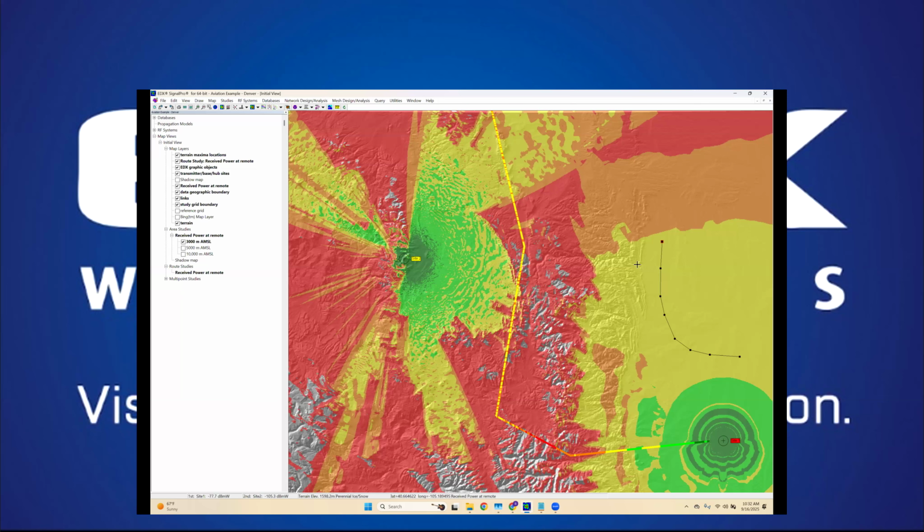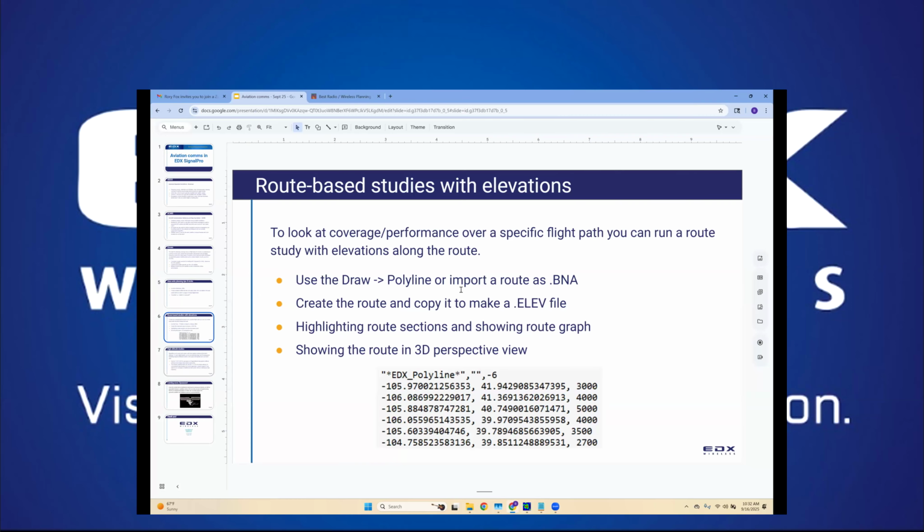This is an area where EDX is focused on maintaining a really relevant, really cutting edge feature set for any of these different use cases, whether they're drones down at low altitude in among the city, or extremely high elevation aircraft getting up into aerospace, which is going the other direction.